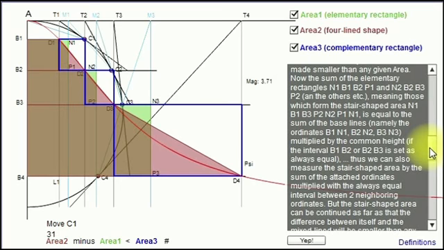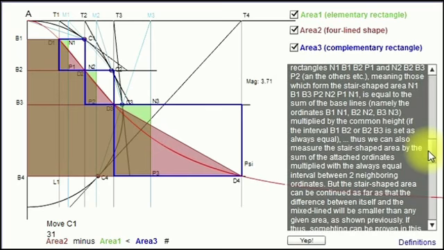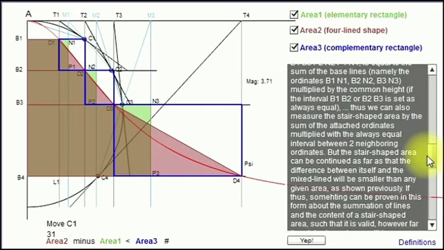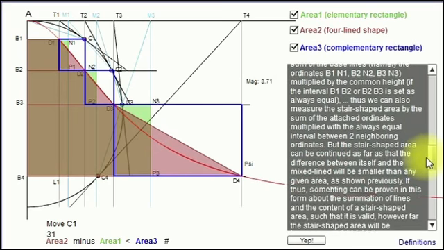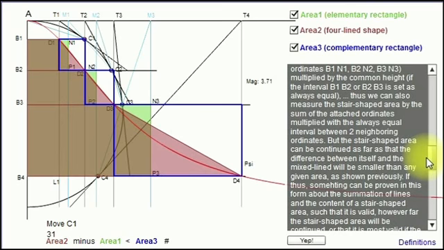But the stair-shaped area can be continued so far that the difference between itself and the mixed line, or what's referred to as the quadrilinear shape, will be smaller than any given area, as shown previously.